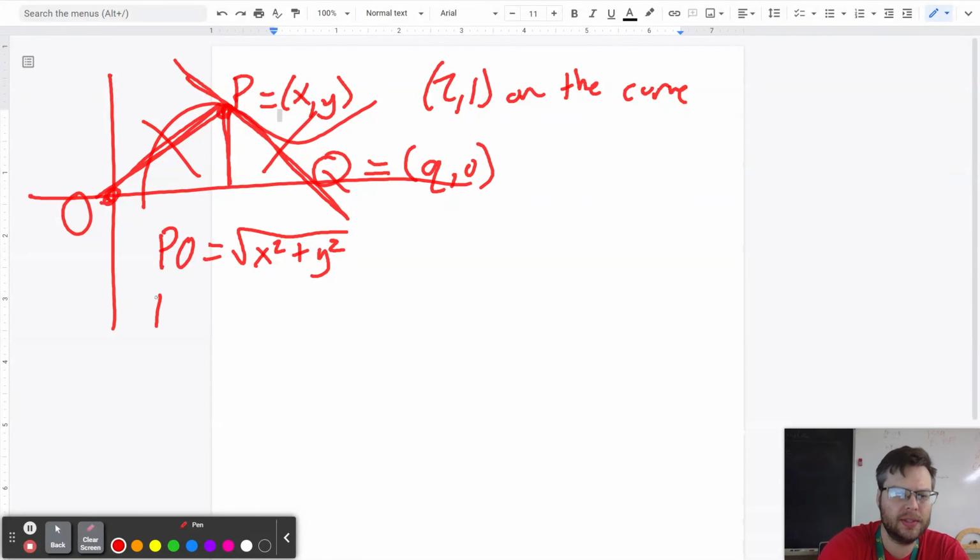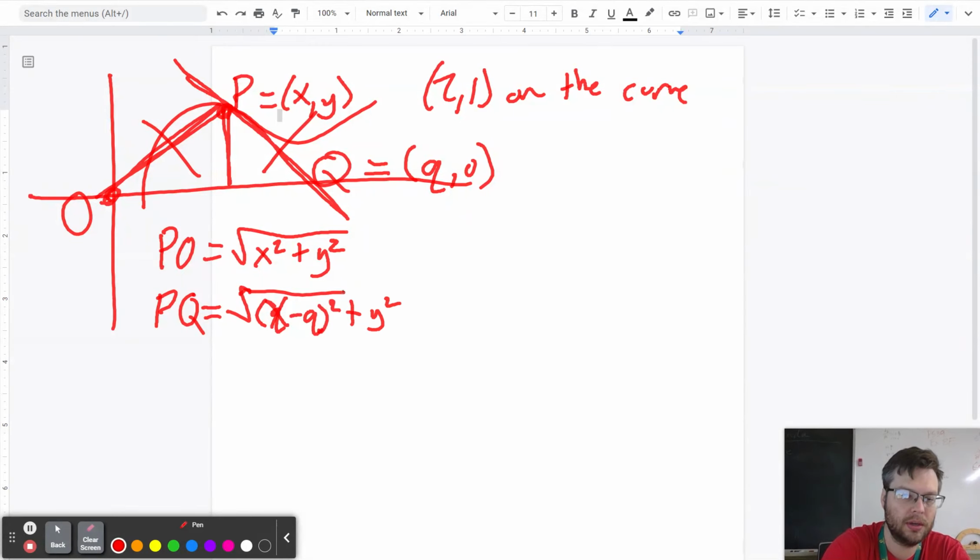And so I know that the distance of PQ has to equal, I guess, (q minus x) squared, or it doesn't matter. Maybe I'll do (x minus q) squared plus y squared. And what we know is that those two things at any point are equal.